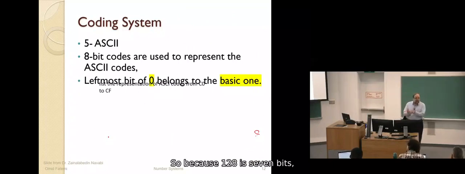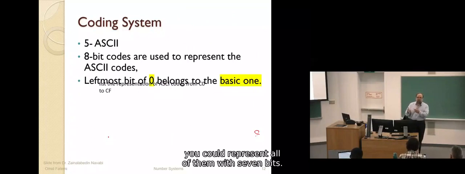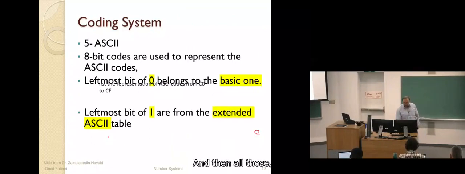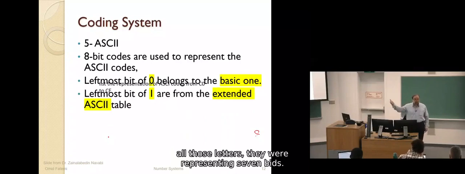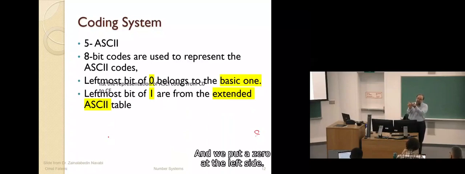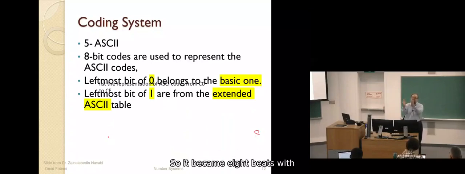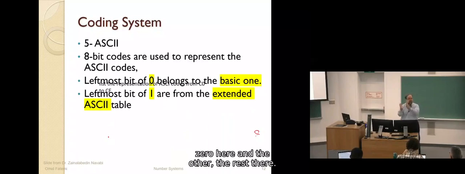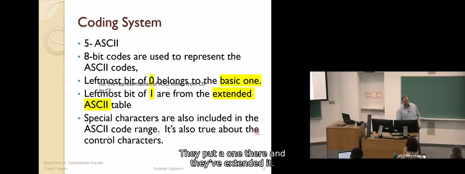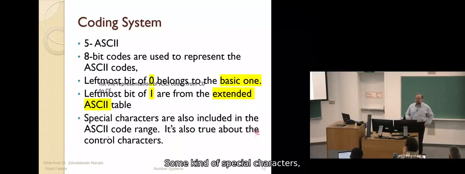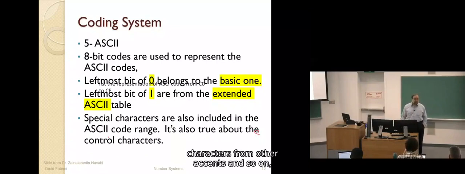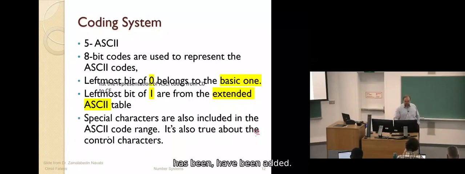Because 128 is 7 bits, you could represent all of them with 7 bits, and we put a 0 on the left side, so it became 8 bits with 0 here and the rest there. That was the standard ASCII code. Then they extended it: with a leftmost bit of 1, special characters and characters with accents from other languages were added.